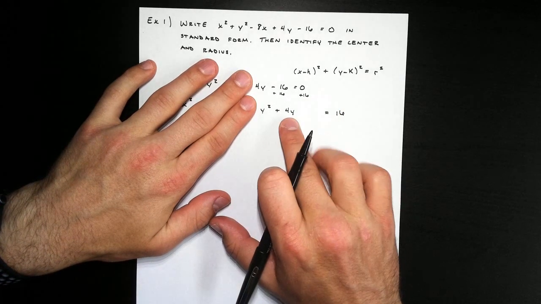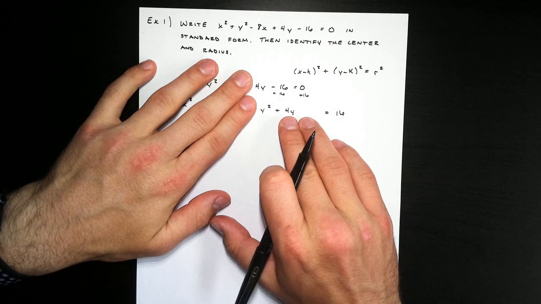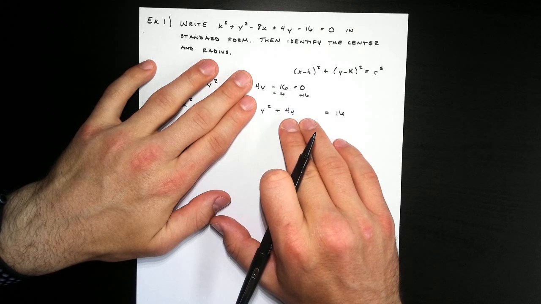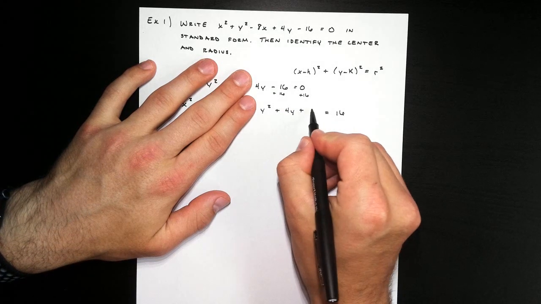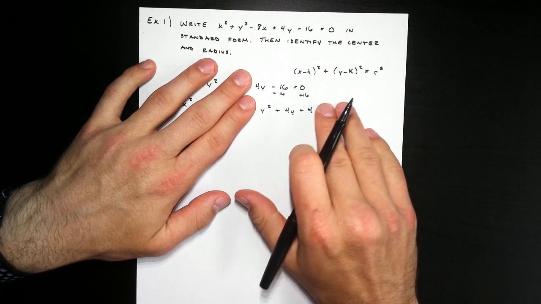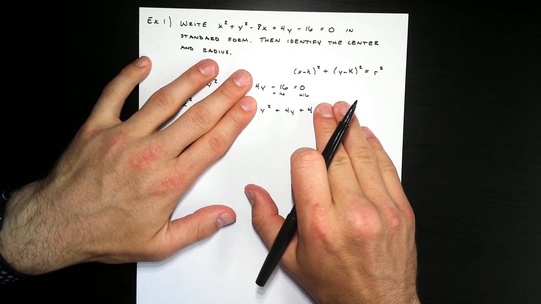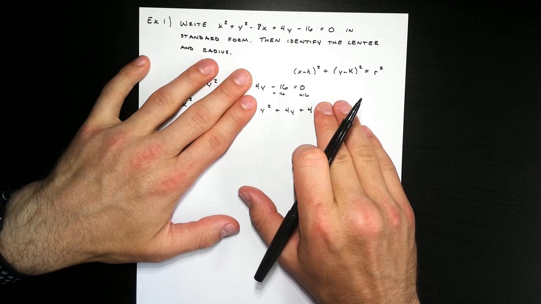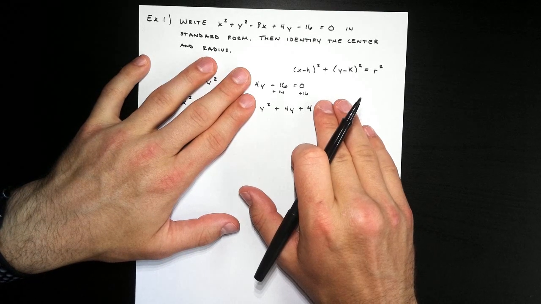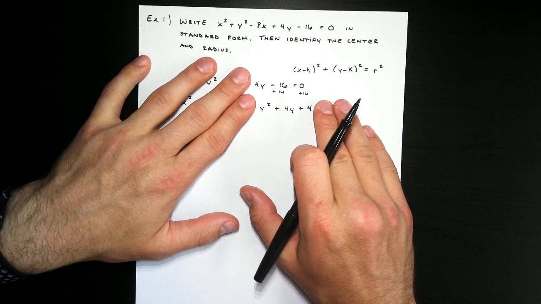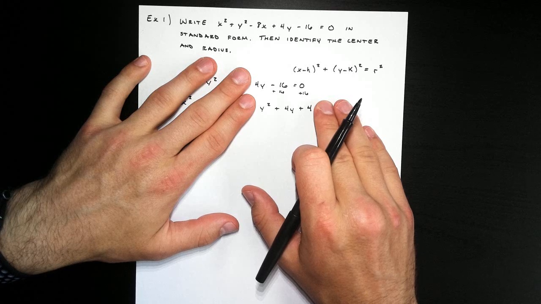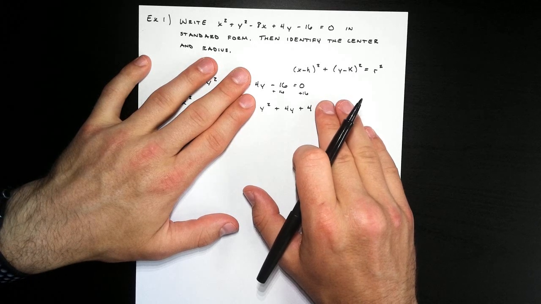We'll take the middle term, 4, and cut that in half. It's 2, and then 2 squared, so we're going to add on 4. Now these three terms can be factored into a binomial squared. Two numbers that multiply to 4 and add to 4 are 2 and 2, so we end up with y plus 2 squared.